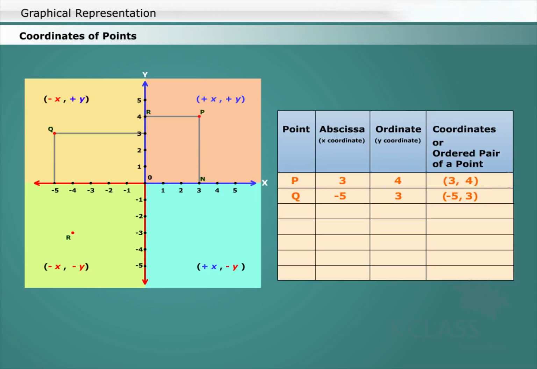Similarly, let's see the coordinates of a point R in the figure.